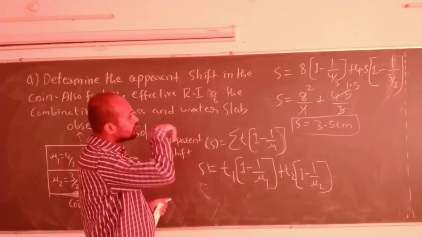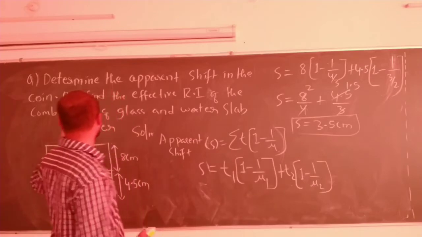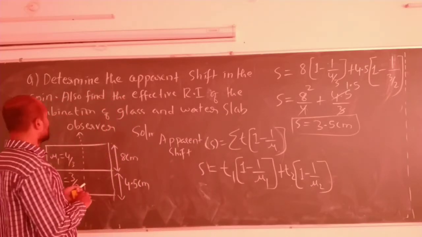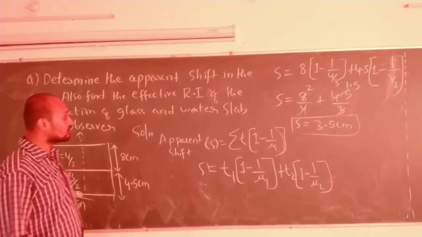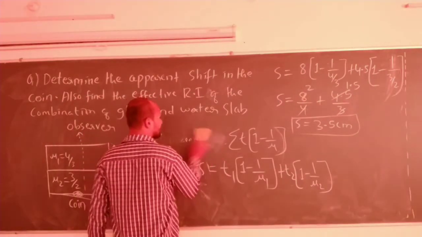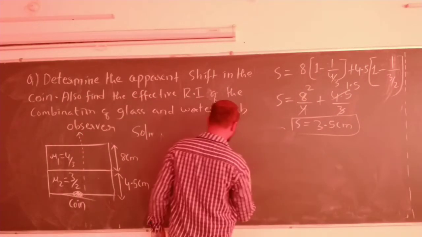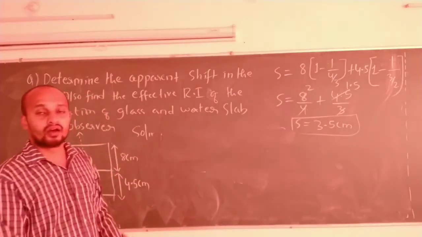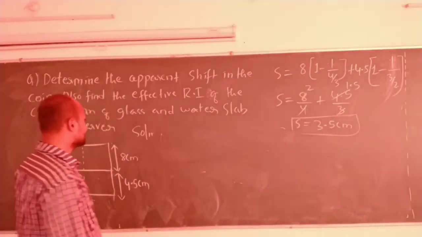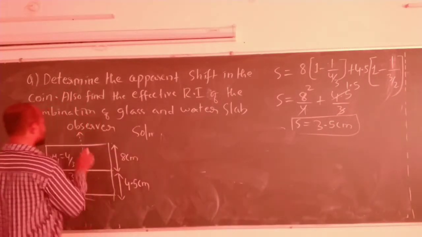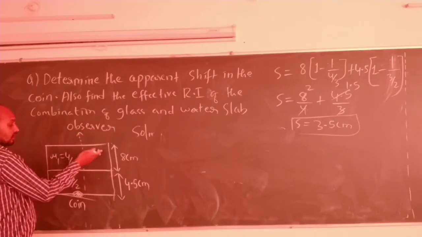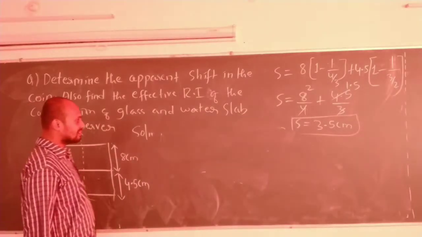Now let us find the effective refractive index. How to find it for composite slabs? The basic definition of refractive index you must know. Here the observer is in the rarer medium. These are denser medium. The object is in the denser medium.